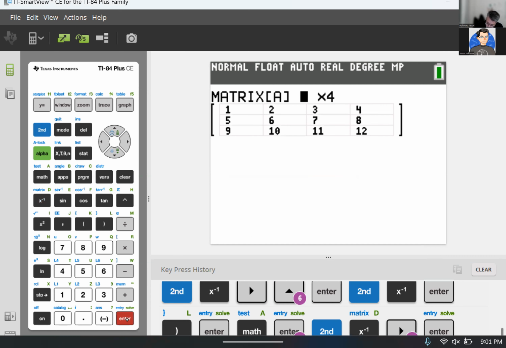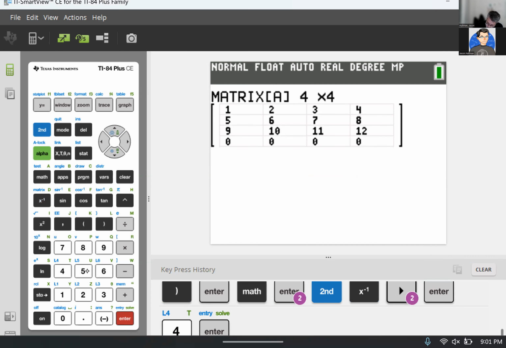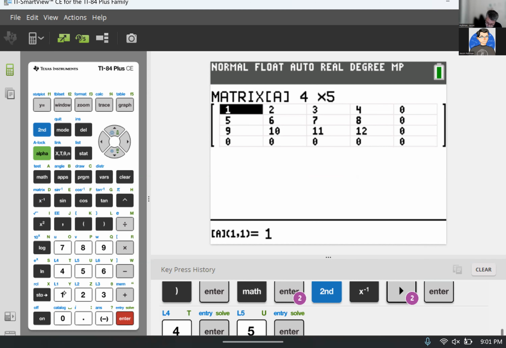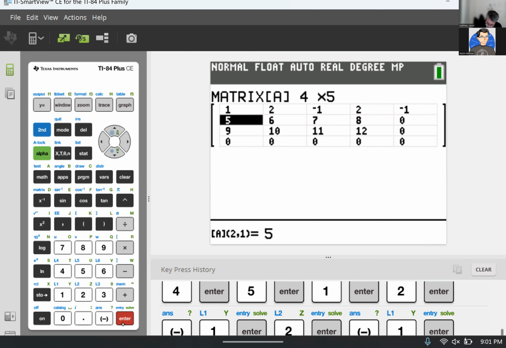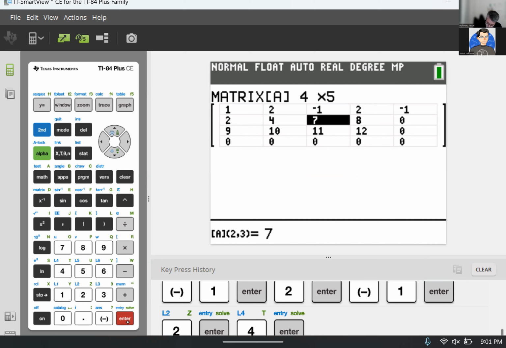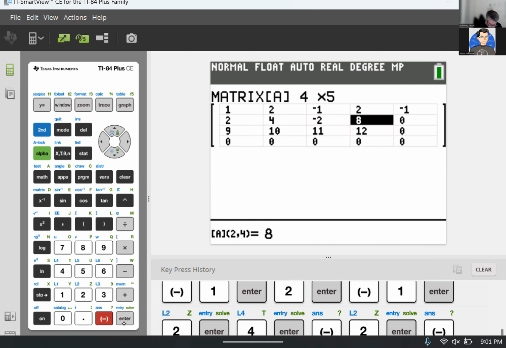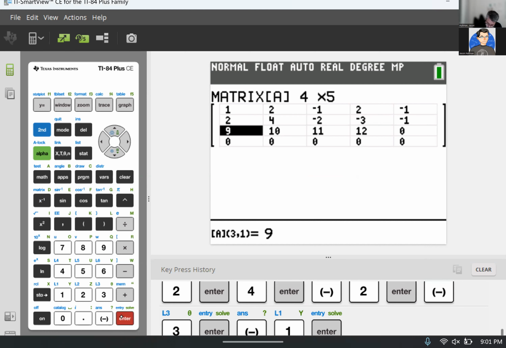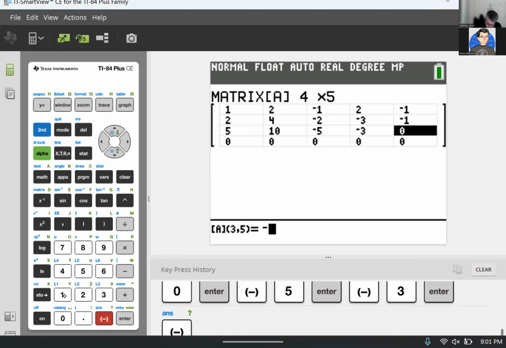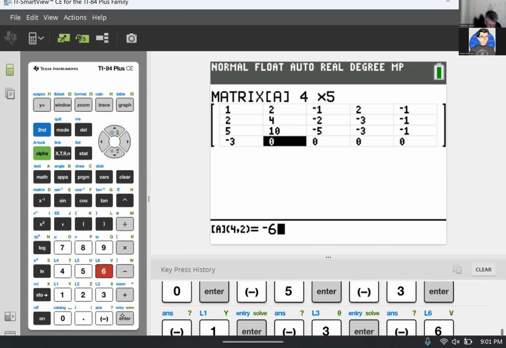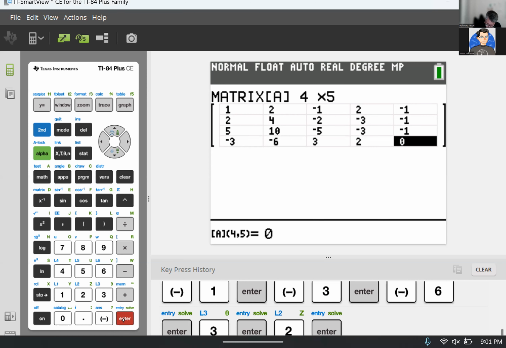This is now going to become a 4 by 5, and that's going to be 1, 2, -1, 2, -1, 2, 4, -2, -3, -1, 5, 10, -5, -3, -1, -3, -6, 3, 2, 1.